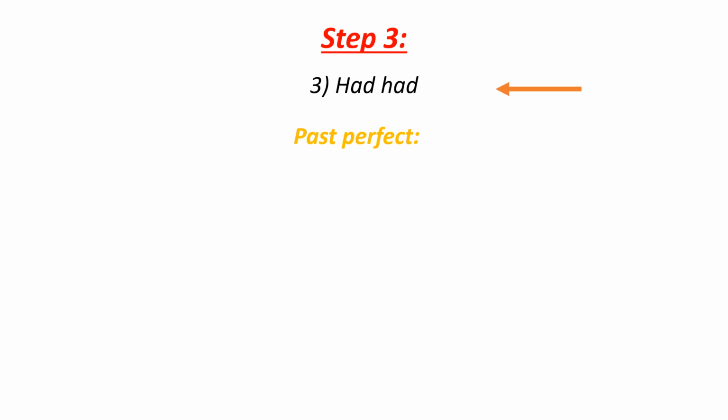I hope that you didn't mix up the present perfect and the past perfect. Had is conjugated in the past perfect. But the opposite of have had and has had, these two expressions are conjugated in the present perfect.